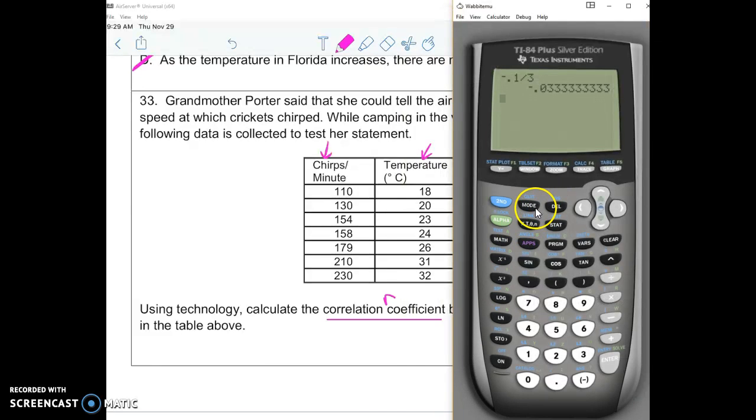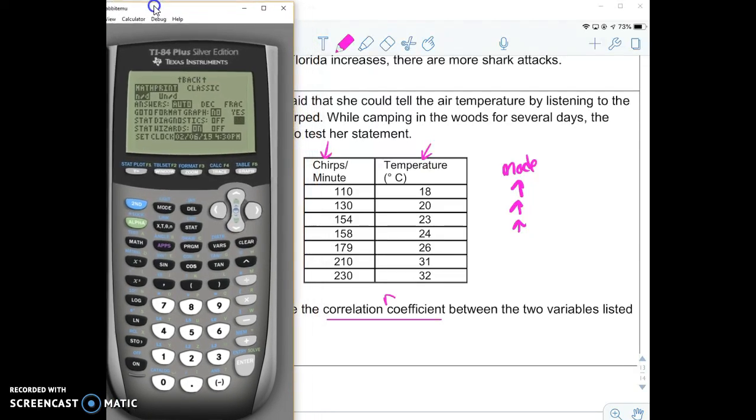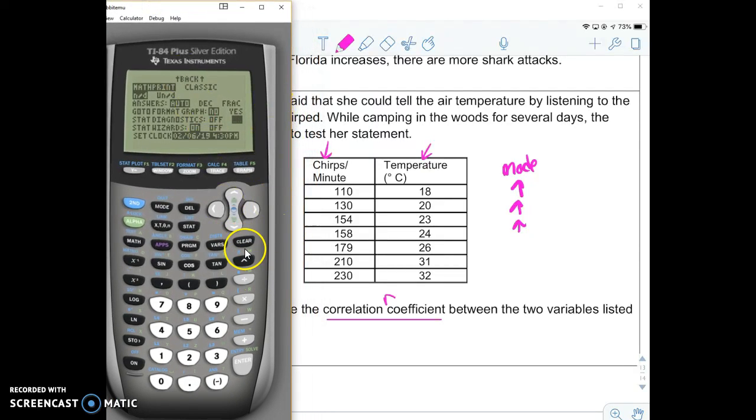First, on my calculator, I have to make sure that my diagnostics is on, so I push mode. I go up 3 times and turn diagnostics on. Now I'm going to enter my table into stat. Stat, edit.